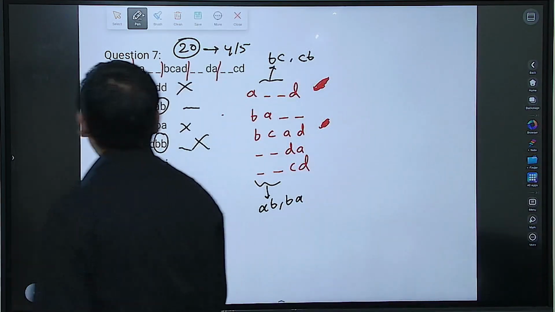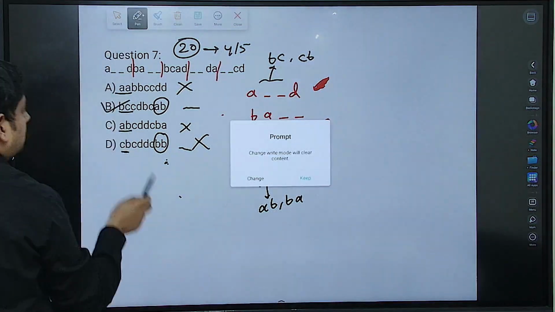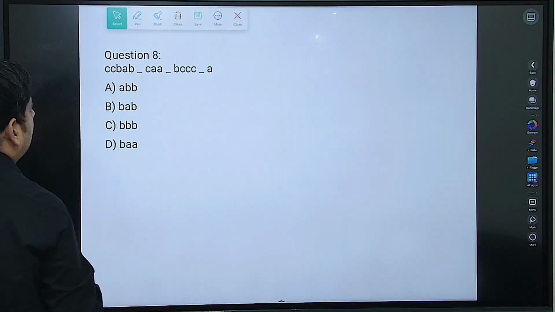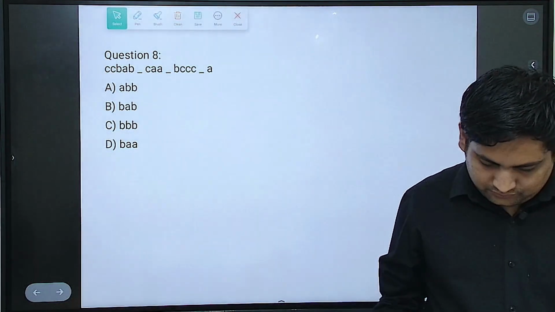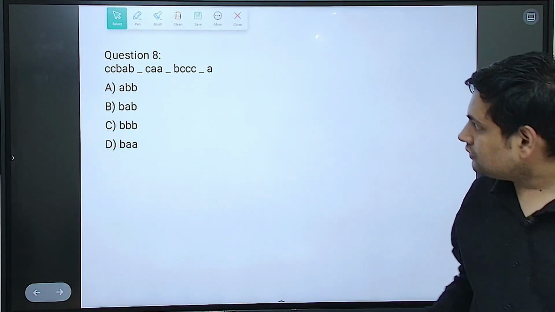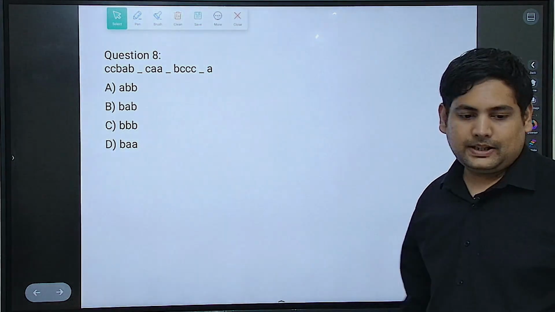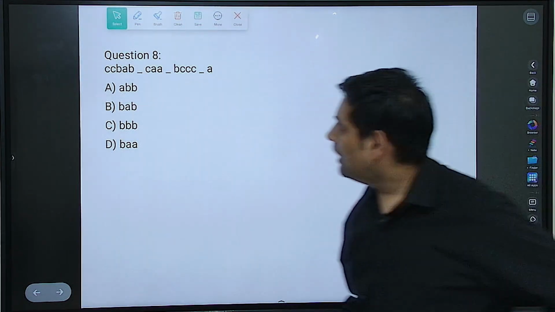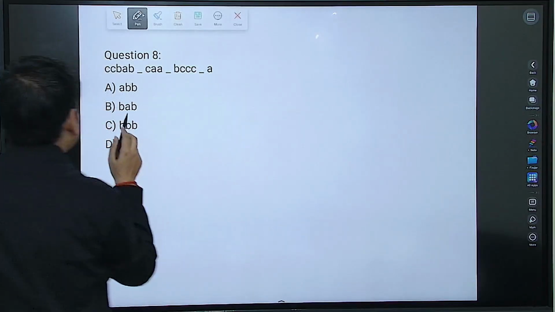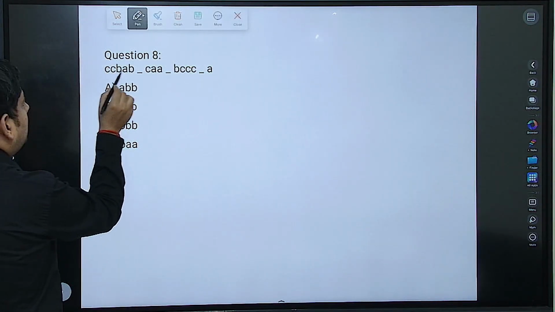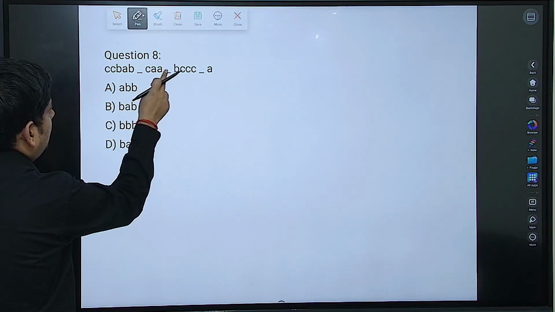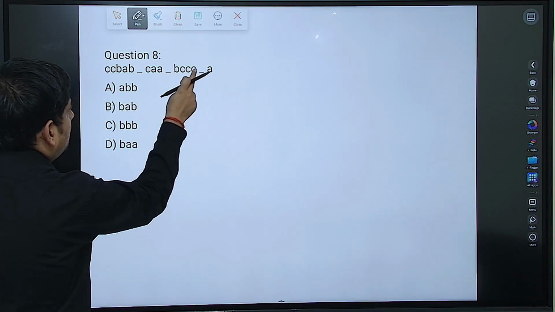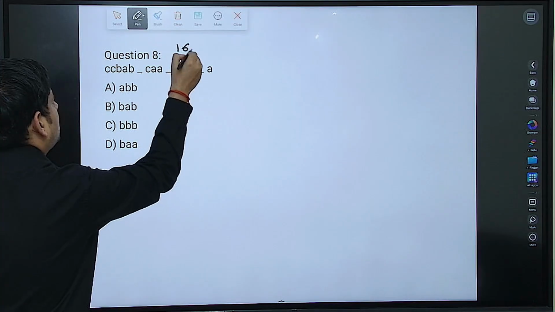Okay. Next. Yeah, let's try this. Now, how many letters are there? See, 1, 2, 3, 4, 5, then 6, 7, 8, 9, 10, then 11, 12, 13, 14, 15, then 16. So 16 letters are there.